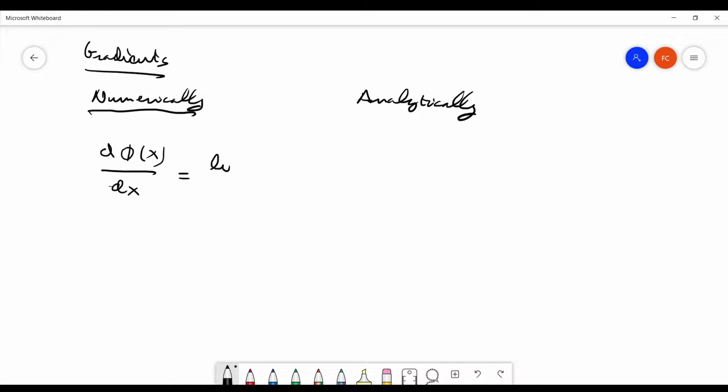We can use the limit as h goes to 0, so h is very, very small: phi of x plus h minus phi of x, over h. We're comparing the difference in phi by this small step h, where h is very small.